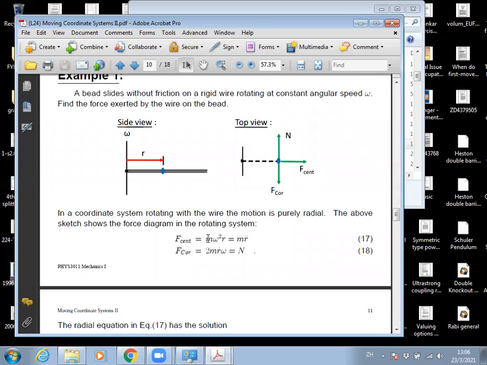So we have the force diagram, then we write down the equation of motion. Centrifugal force, m omega squared r, equals m r double dot. The Coriolis force, which is perpendicular to the radial motion, is equal to 2 m r dot omega. Coriolis force equals this normal reaction, okay?